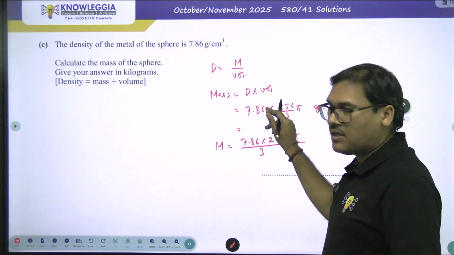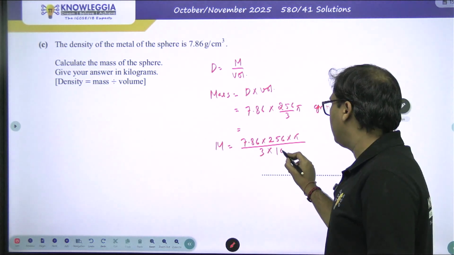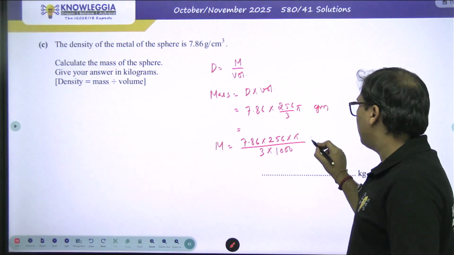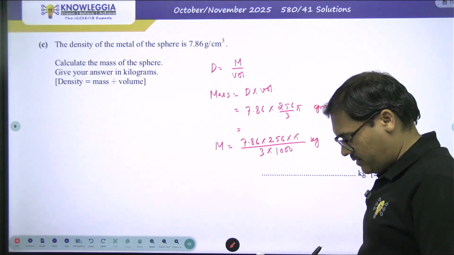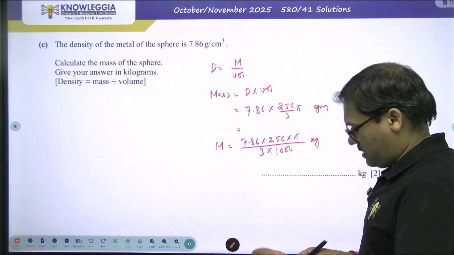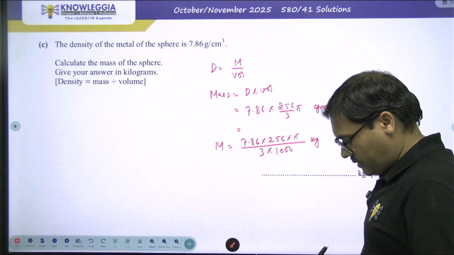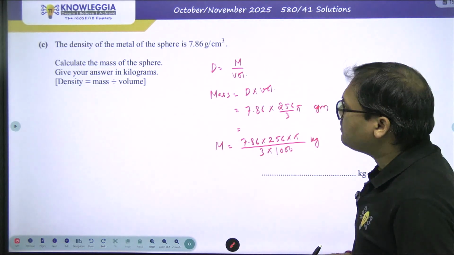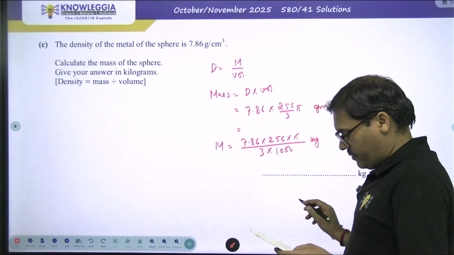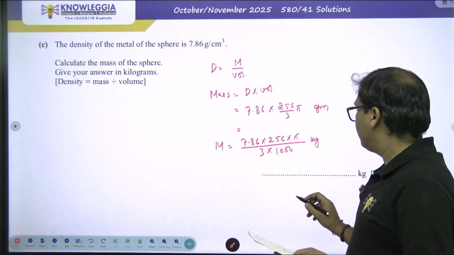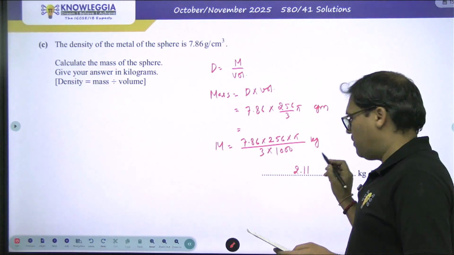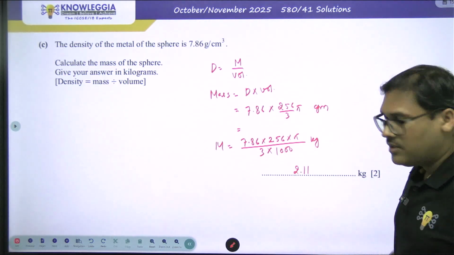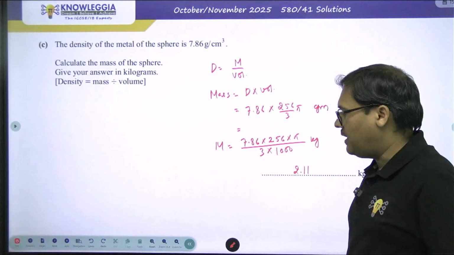This was the grams. We will divide by 1000 to convert into kilograms. So now you can just put the values in the calculator. You will see the answer for this is 2.11 kilograms. Okay, you can just check the answer.